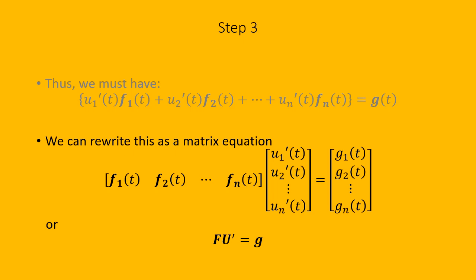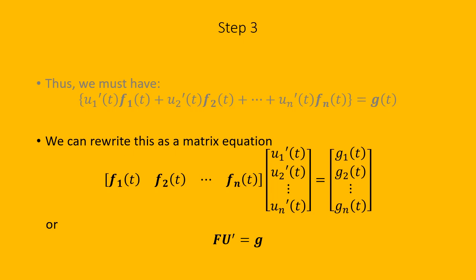We can rewrite this equation as the n by n matrix whose columns are f1, f2 through f sub n, times the column vector whose components are u sub 1 prime, u sub 2 prime through u sub n prime, equals g, which is the column vector g sub 1, g sub 2 through g sub n.